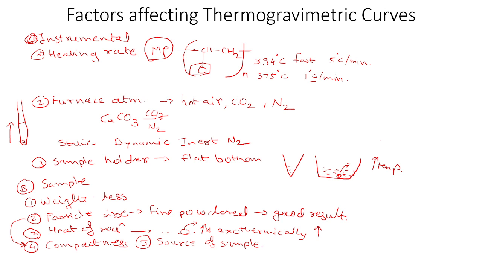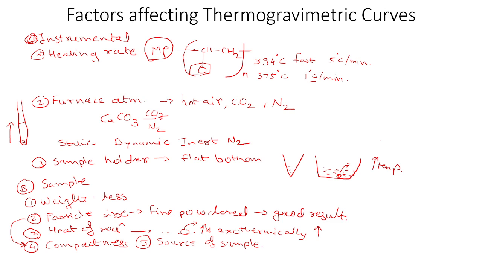As far as instrumental errors are concerned, you can avoid those errors so that you will get accurate and correct results. As far as errors due to characteristics of the sample are concerned, up to some extent you can control that.